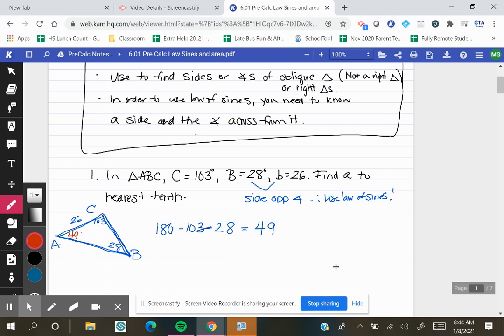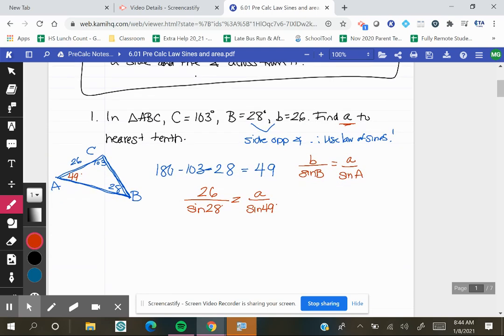Now I'm going to set up my law of sines. So I'm setting up b over sine of angle B equals a, because I'm looking for a, over sine of angle A. So that's the 2 out of the 3 that I'm choosing. So 26 over sine, it's always sine of the angle, so sine of 28 degrees equals side a, I don't know yet, over sine 49 degrees.